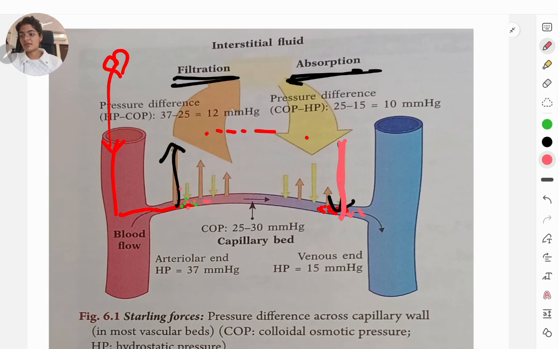Osmosis towards inside won't occur, and thereby it would be accumulated in this interstitial space, leading to edema. This condition could also occur if the permeability of the capillaries is very high, so all of the plasma protein would escape into the interstitial space, again leading to edema.